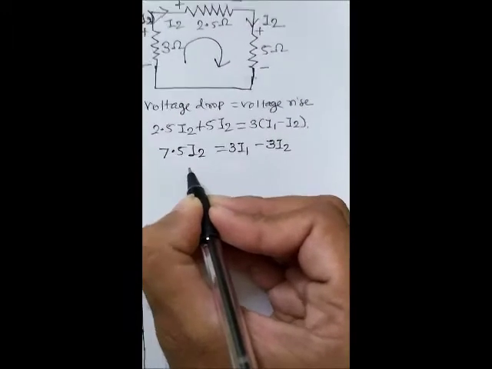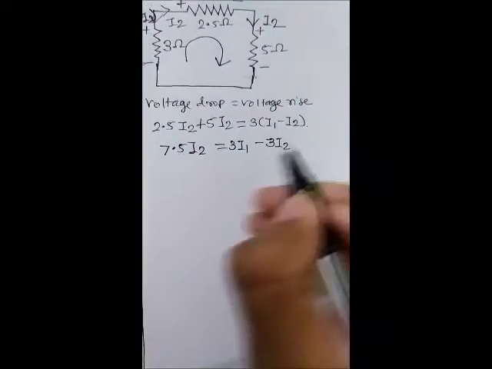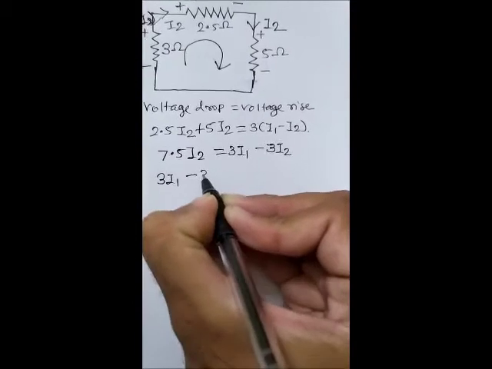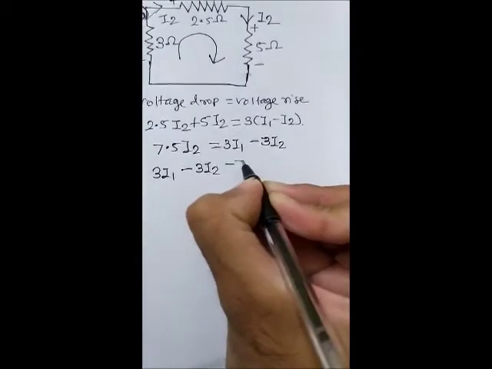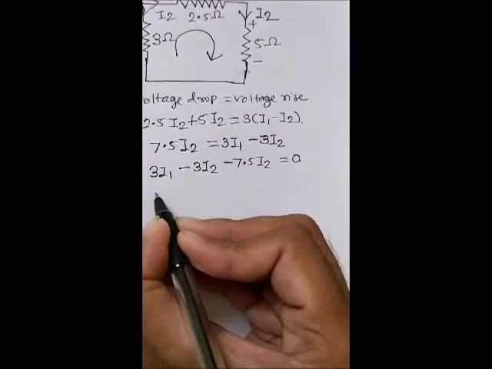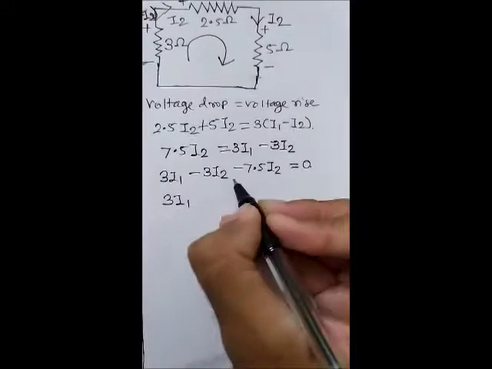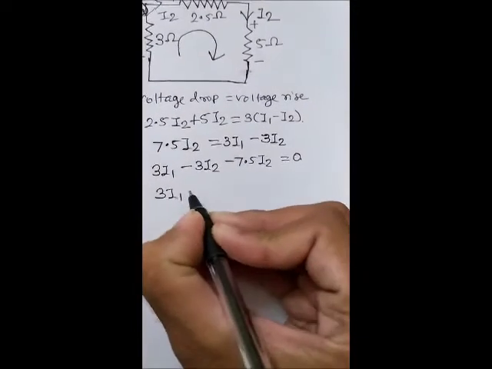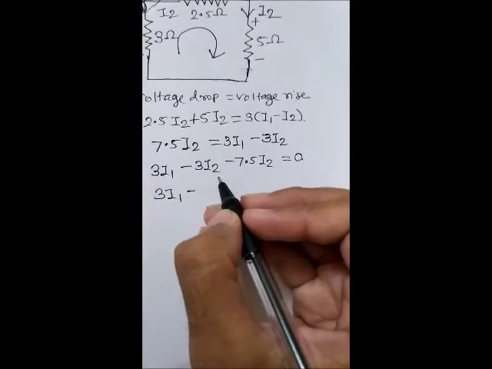Take this 7.5 I2 to the right-hand side. So the equation becomes 3 I1 minus 3 I2 minus 7.5 I2 is equal to 0. Your equation becomes 3 I1, minus (3 plus 7.5). Here there will be addition but the sign will be minus behind it.